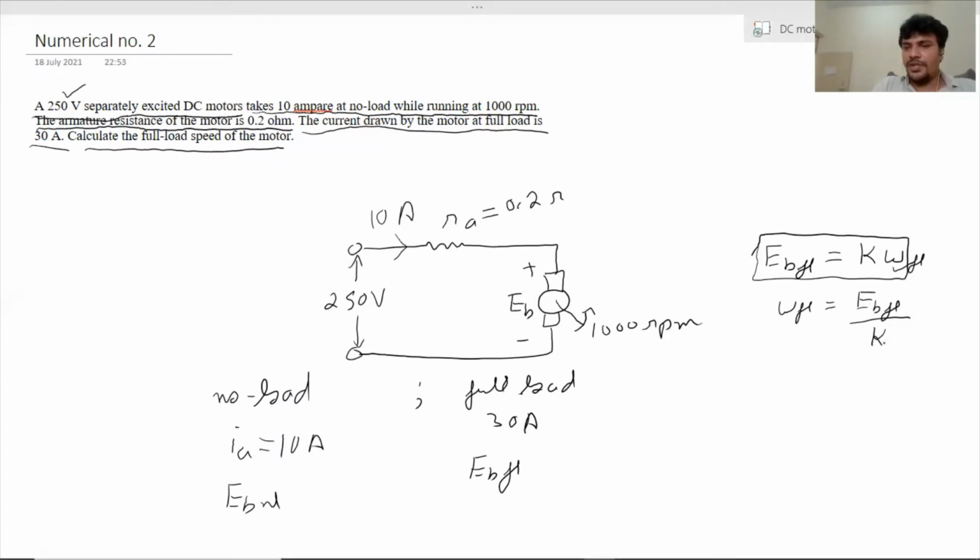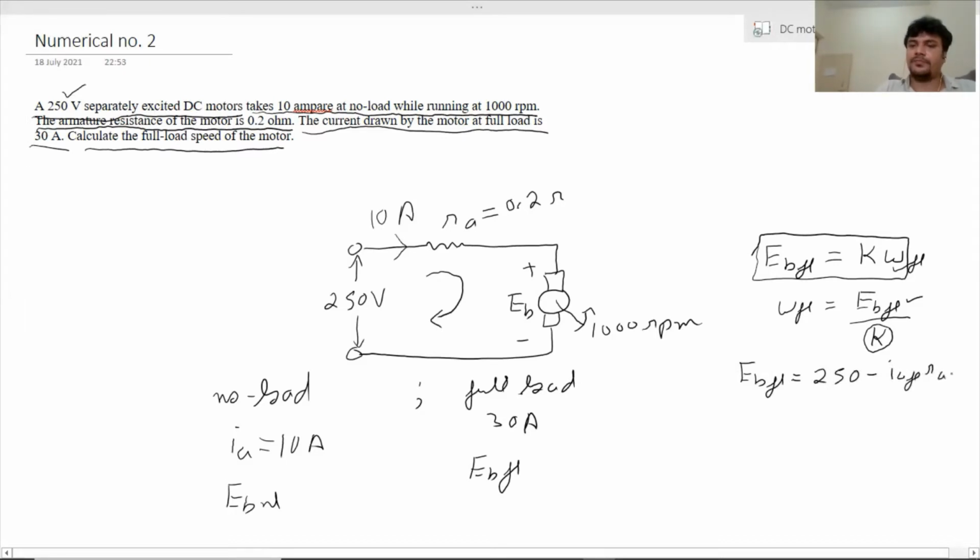So K is a constant which will always remain the same whatever the load condition is, and EB full load we can directly calculate by writing the KVL equation in this loop. How? Just see. So EB full load here will be 250 minus IA full load into RA. So 250 is the terminal voltage.